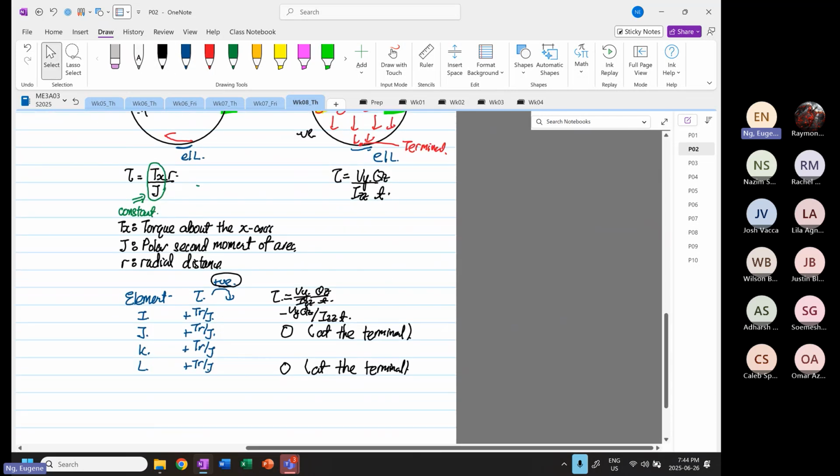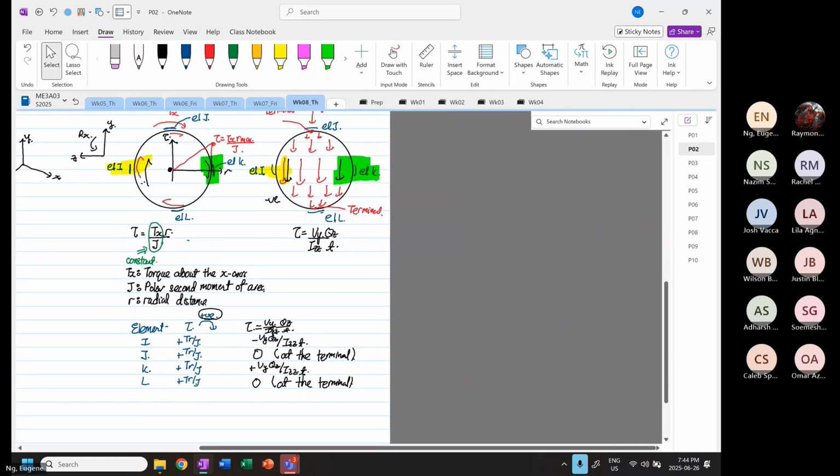When that's the case, you will have plus Vy Qz over Izz divided by T. So how you add or subtract the stresses depends on whether the direction is the same or different.